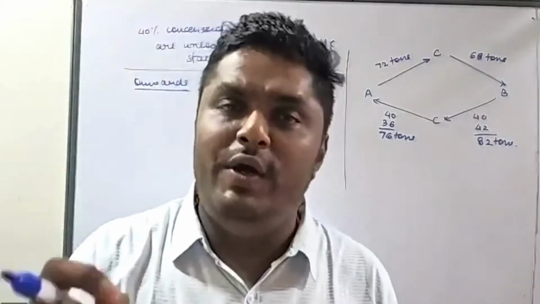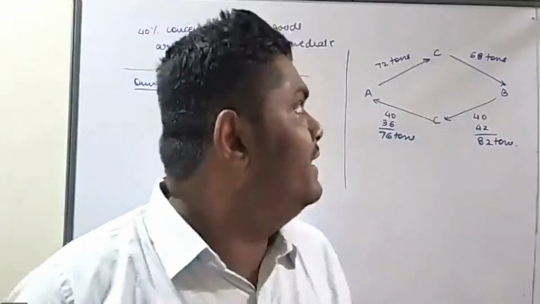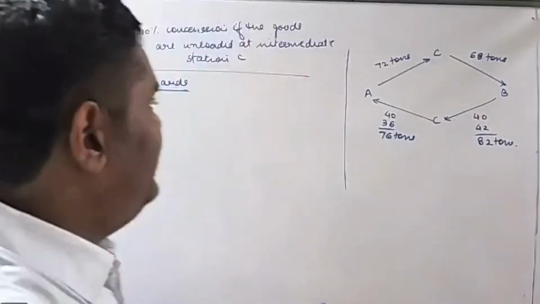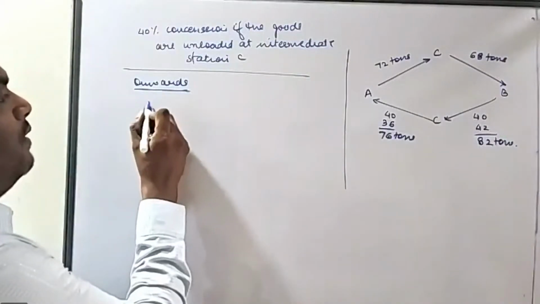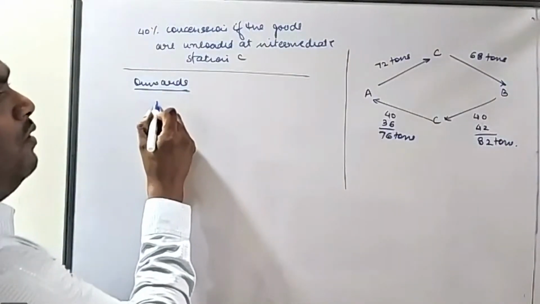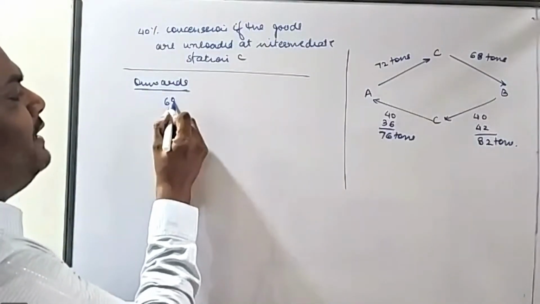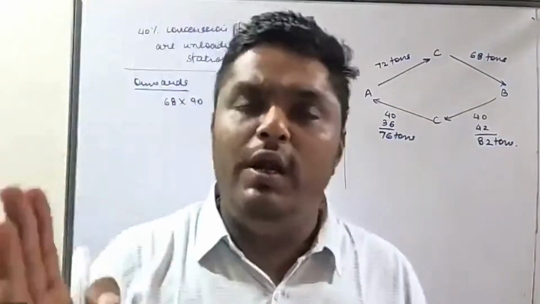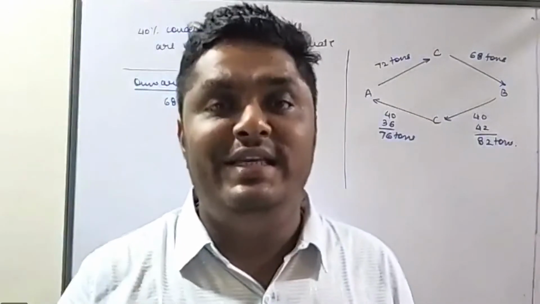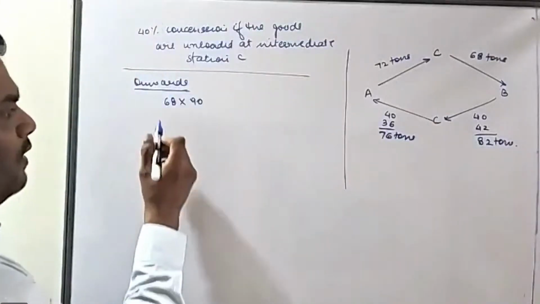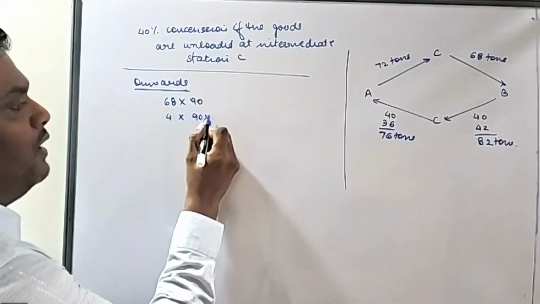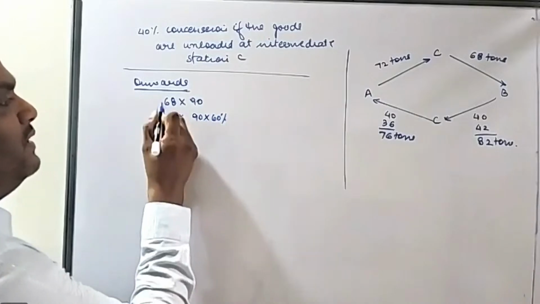So earlier we were doing that 72 into 90. That's it. But now 40% concession on 90 rupees. So when talking about 68 tons, they will be charging 90 rupees. And since 4 tons were unloaded at city C, so for remaining 4 tons, they will be charging only 60% of the total amount.